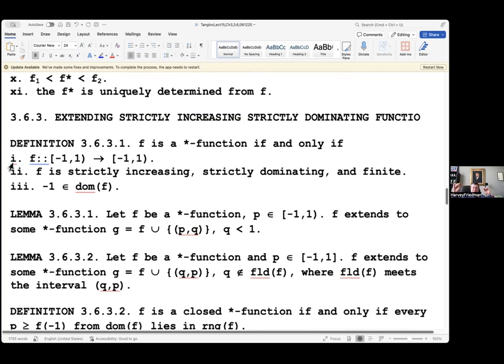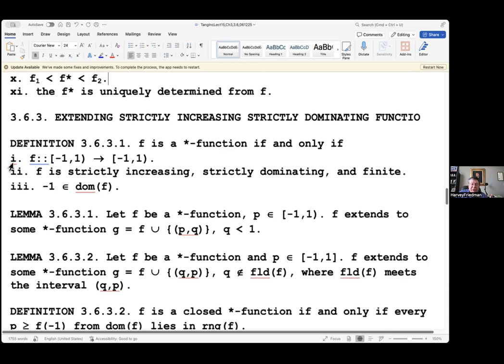F2 is the strictly regressive part from the other end. And F star is the residue, the function that hasn't been covered yet.